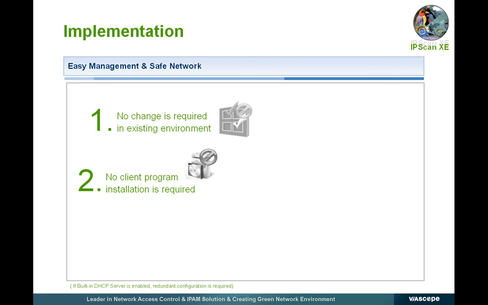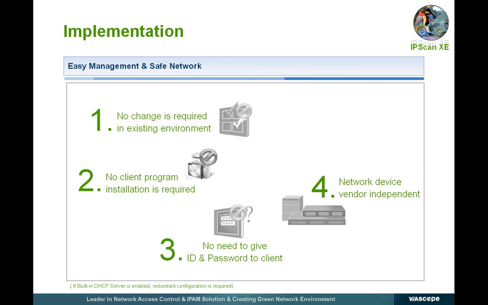Installing an agent on the client to control the endpoints is not necessary. Neither is specifying the ID and password for each user to control user access required. IPScan can be installed and managed regardless of the network device vendor. A problem during operation of the IPScan solution, if any, does not affect the network operation at all.